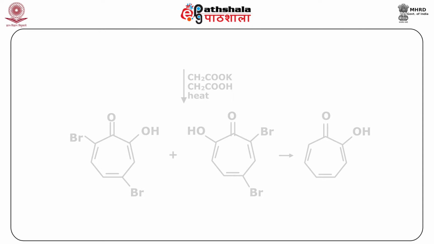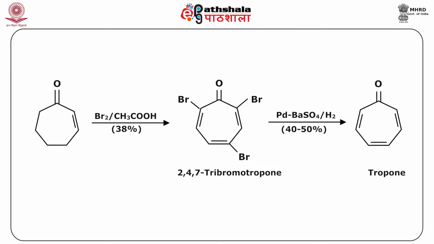You can see furthermore the tropone can be synthesized by bromination of 2-cyclohepten-1-one with 4 molecules of bromine in acetic acid.